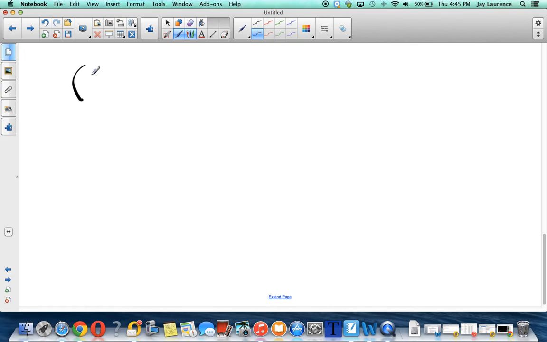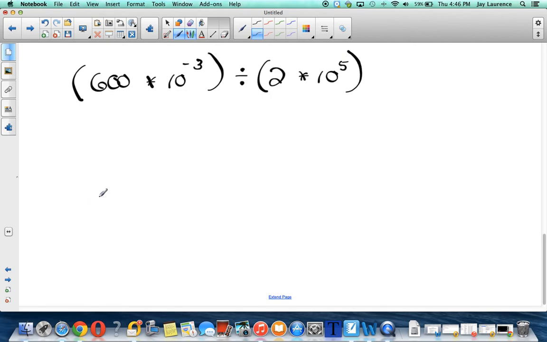Let's do, I don't want to do 100, sorry about that. Get rid of that number. Let's do 600 times 10 to the negative 3rd, and we're going to divide that by 2 times 10 to the 5th, and we'll give you one more here, a multiplication one.